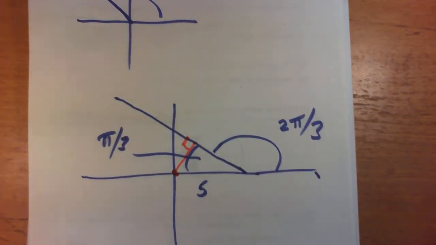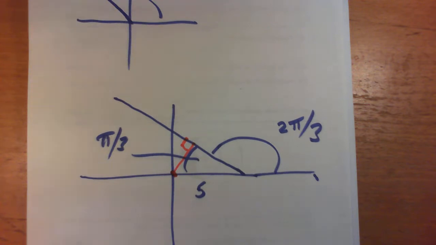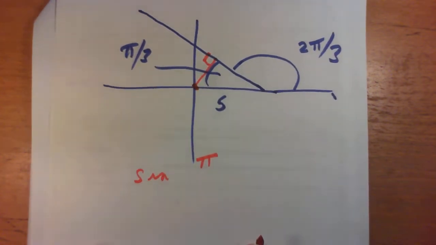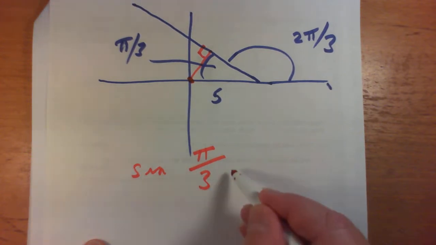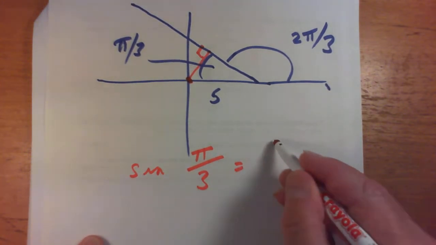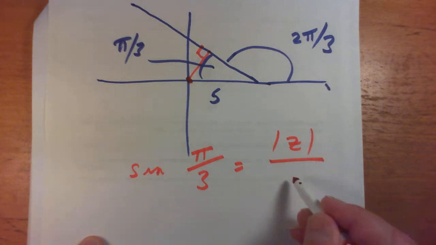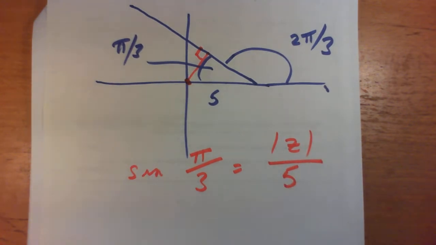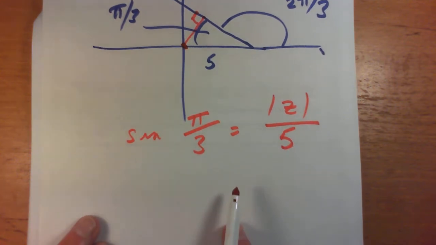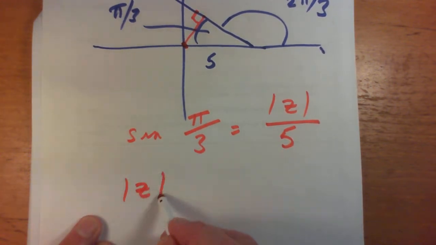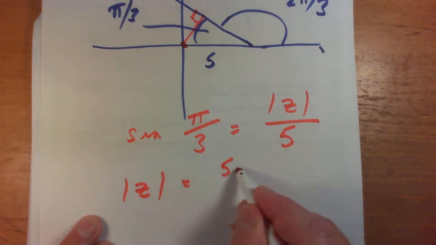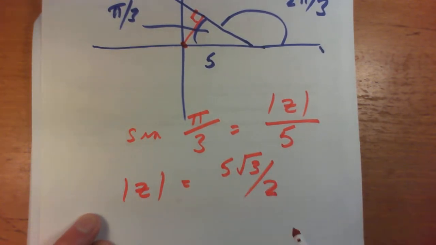So that's pretty straightforward from there. You need to work out the magnitude of this line. So we know that the sine of pi over 3 equals the magnitude of z over 5. Then you go from there, leading to the magnitude of z equals 5 root 3 over 2.